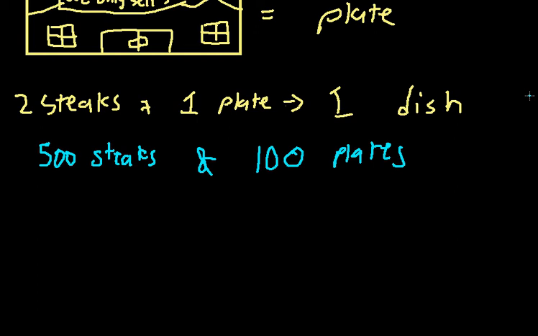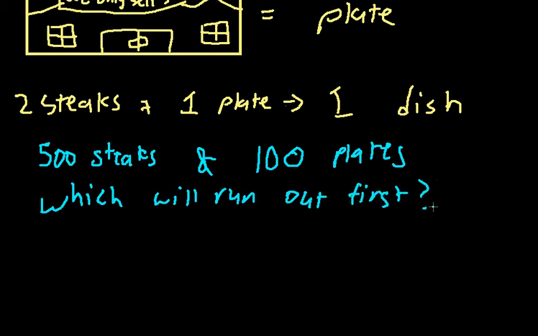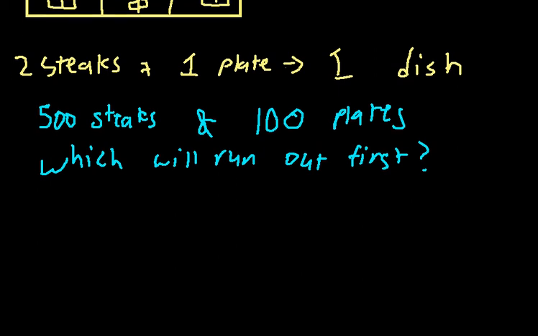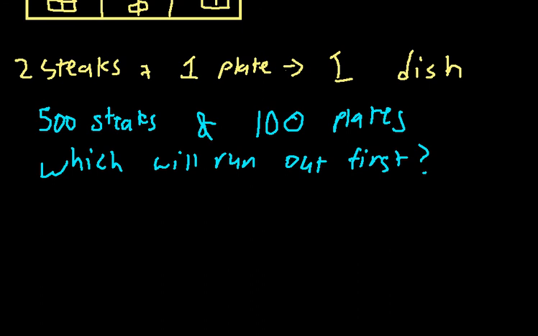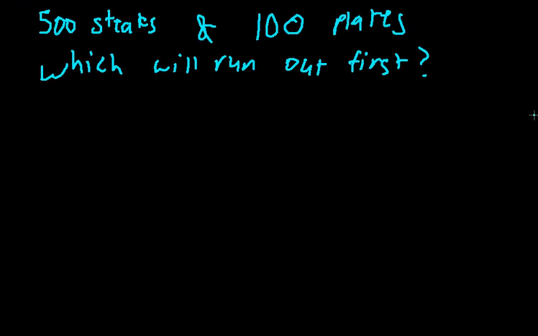Well, I want to know which is going to run out first. Will I be expecting to have more steaks at the end? At the end of the day, am I going to have steaks left or am I going to have plates left? So, which one will run out first?